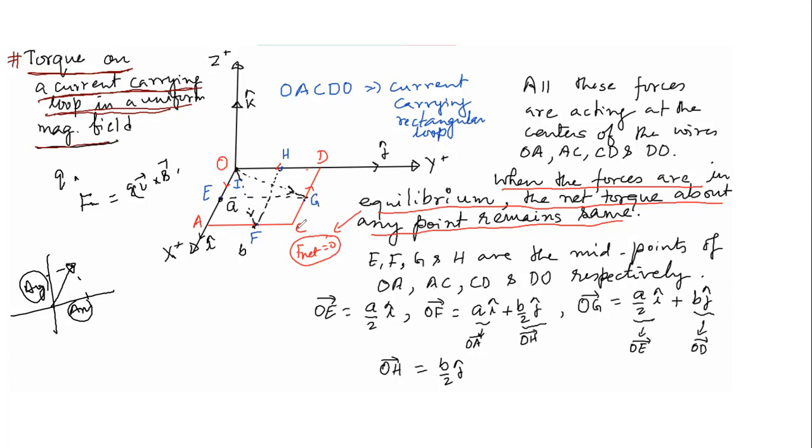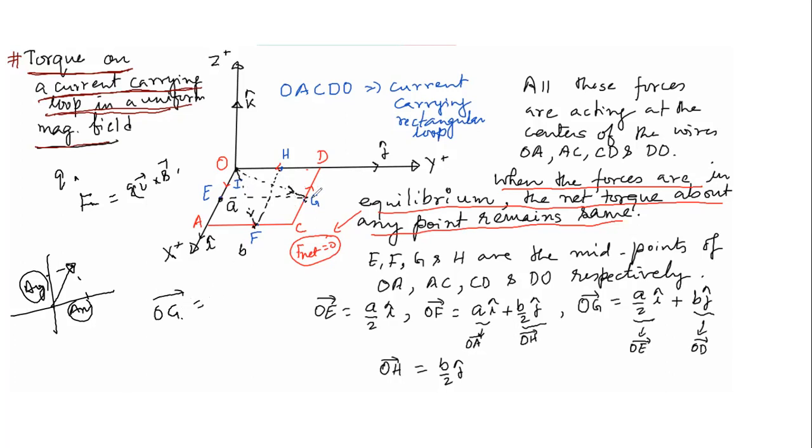Similarly, for the force F_CD, we have to find the OG vector, because the force is acting at point G. The force F_CD is acting at the midpoint of CD, and we have to take the r vector as the OG vector here, the position vector of G from the point O. And how can you express the OG vector?